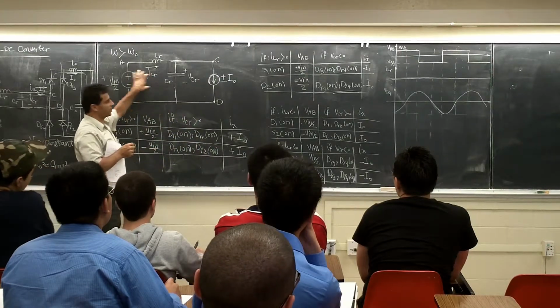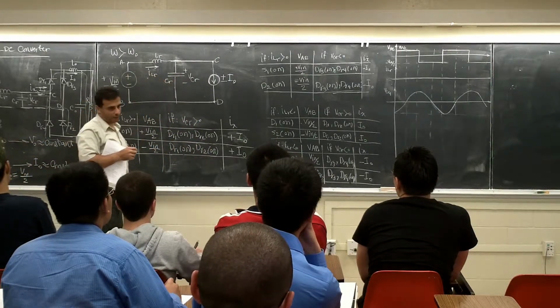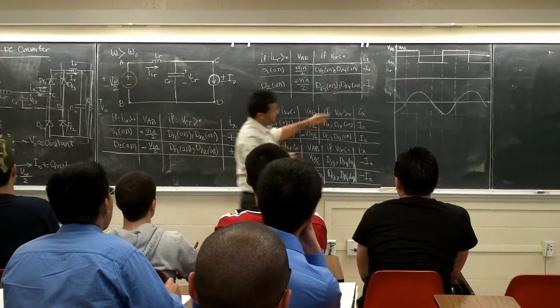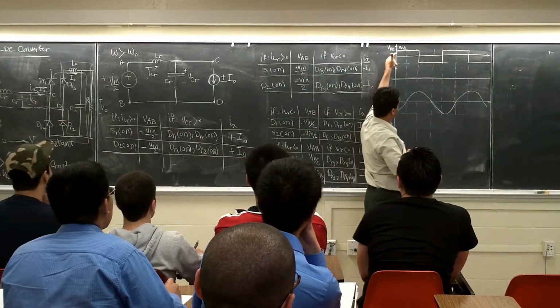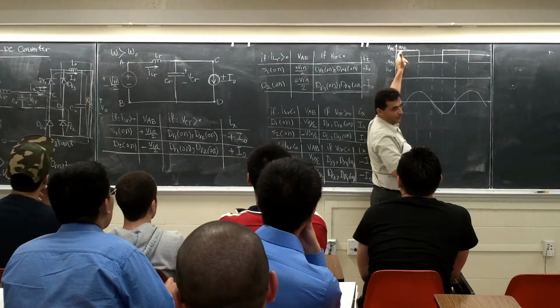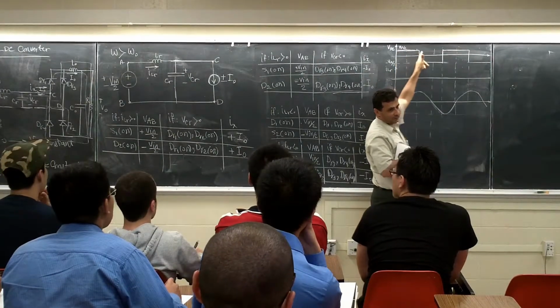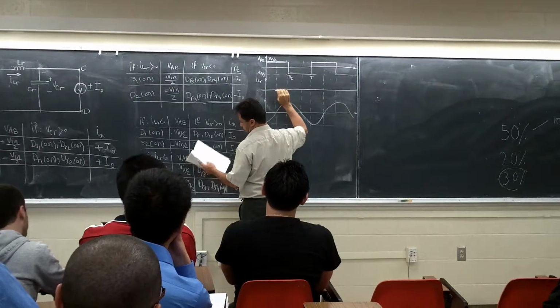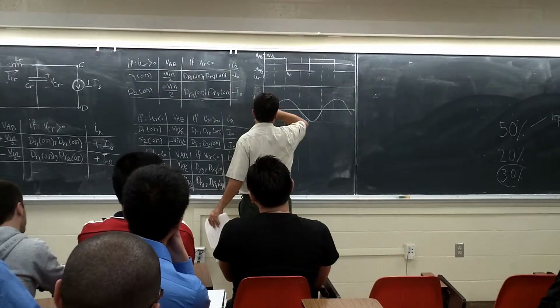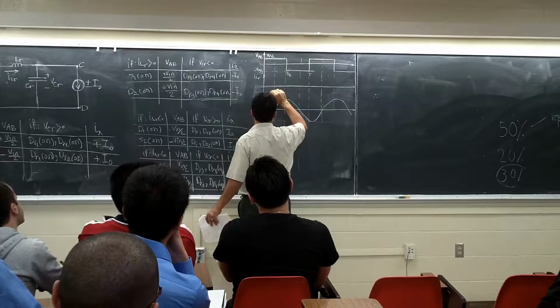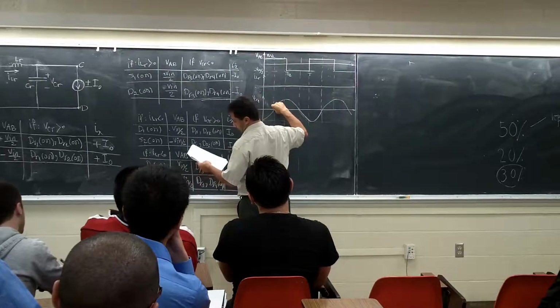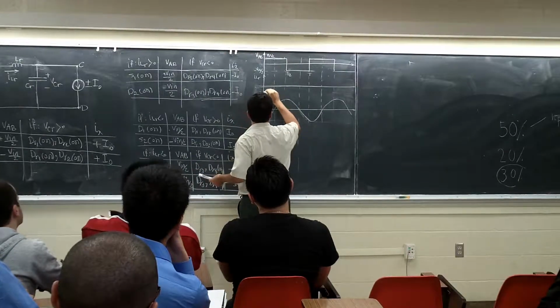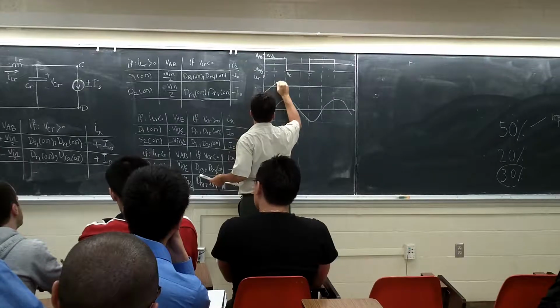You know this voltage and you know this voltage, so you can plot the ILR, right? dILR over dt during this time is this voltage minus this voltage. It's not going to happen at the zero of this one at the same time, so it's going to be something like this.